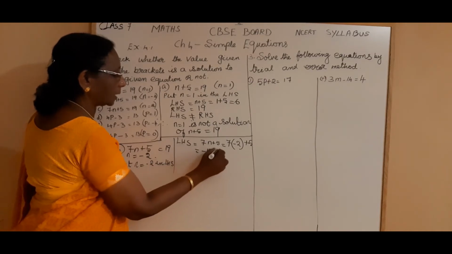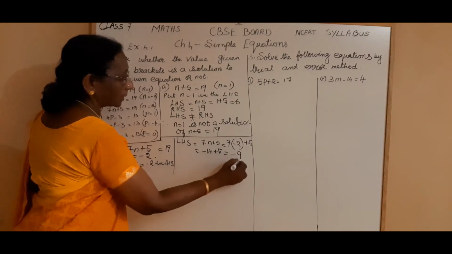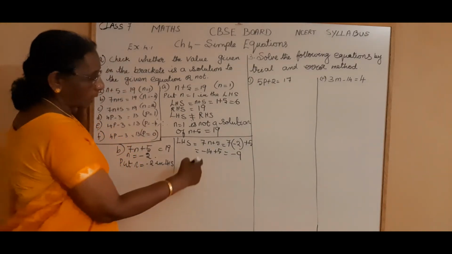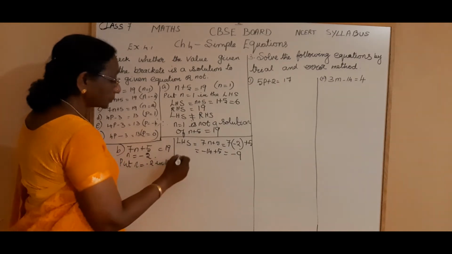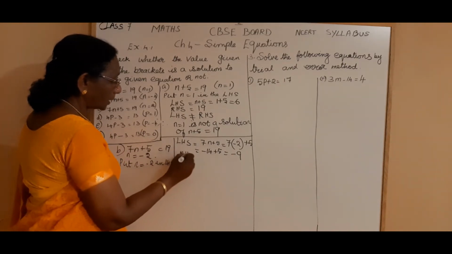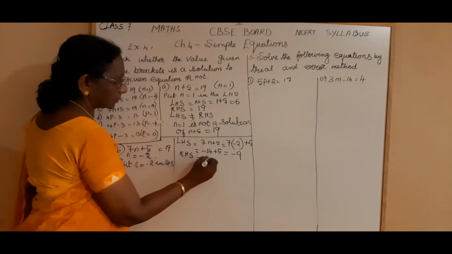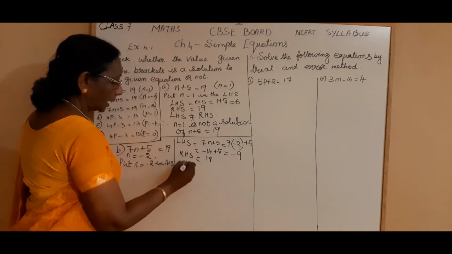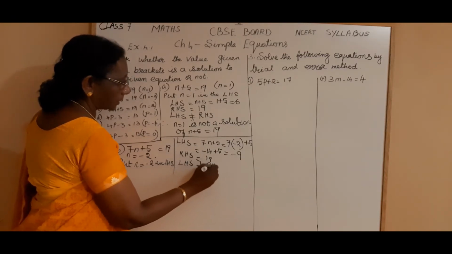Minus 14 plus 5 is equal to minus 9. More negative, so the answer will be negative. Now, but what is RHS? RHS is 19. Therefore, LHS is not equal to RHS.